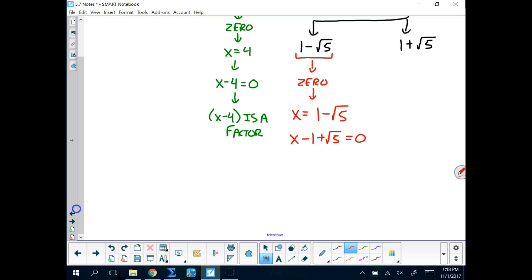Right? Which means that x minus 1 plus the square root of 5 is a factor. Right?